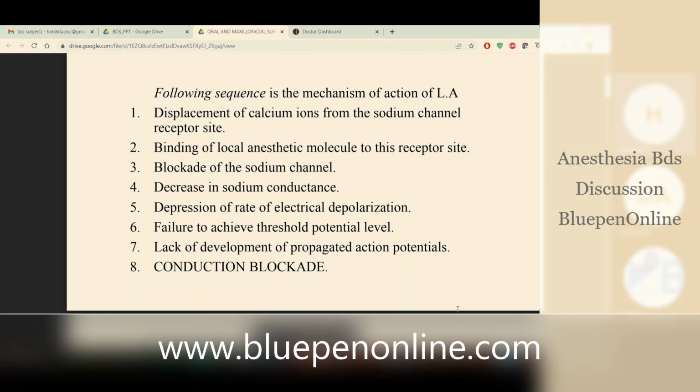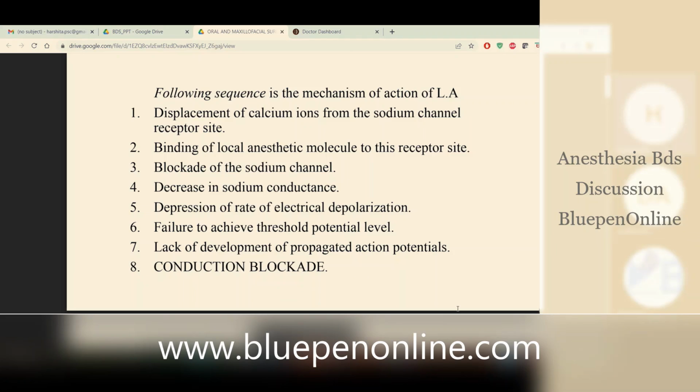As Dr. Anu already told, influx of sodium and efflux of potassium causes depolarization of the membrane. So when there is no influx of sodium into the nerve fiber, there will be depression of the electric depolarization. Once the depolarization is not happening, there won't be a chance of reaching the firing threshold level.